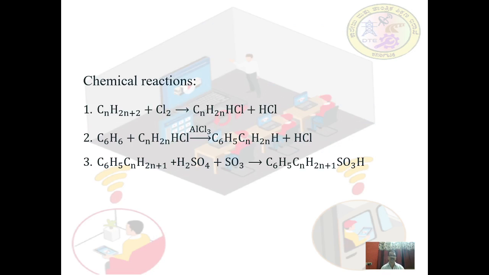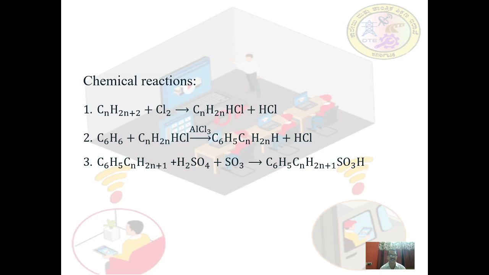The chemical reactions: CnH2n+2, the paraffinic formula, plus chlorine gives chlorinated paraffin CnH2n+1Cl plus HCl. Benzene plus this CnH2n+1Cl in the presence of aluminum trichloride gives C6H5CnH2n+1 plus HCl.